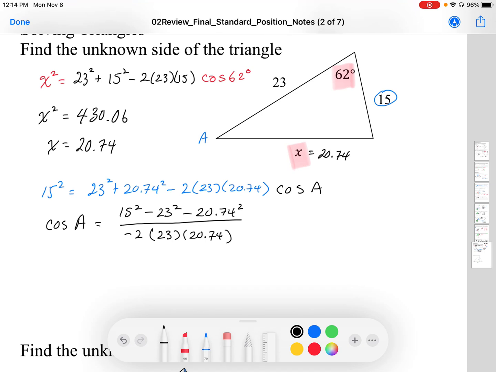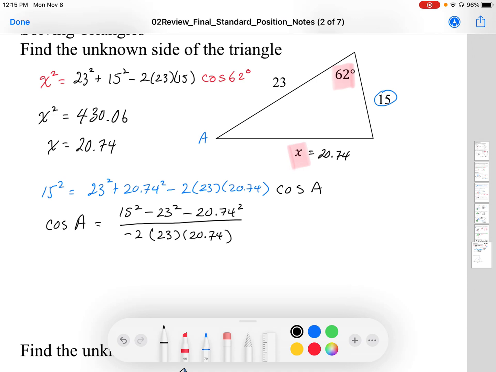Okay, so typing this all into my calculator here. So we're going to end up with 15 squared minus 23 squared. Oops, I think I did this wrong here. 15 squared minus 23 squared minus 20.74 squared. And we're going to divide that all by -2 times 23 times 20.74.